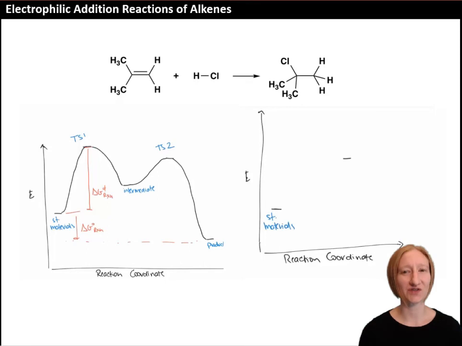So here we're just looking at the first step of the reaction. And remember that a lower transition state energy means a lower activation energy and a faster reaction. So the reaction will proceed through the lower barrier pathway to the more stable carbocation.